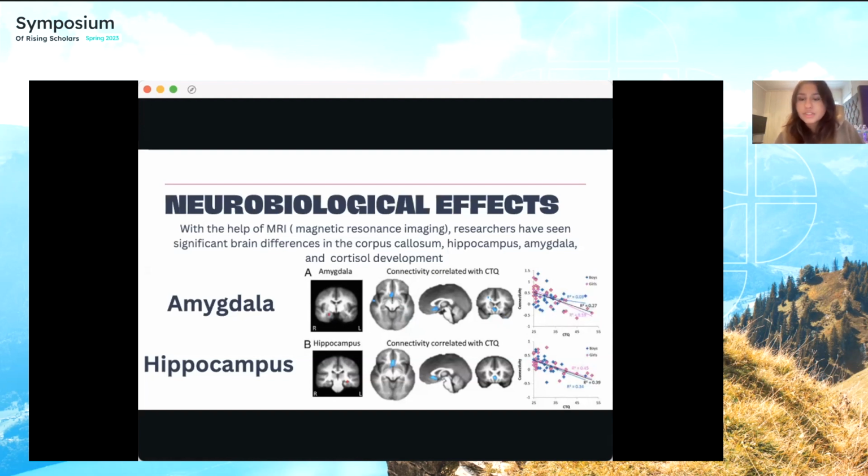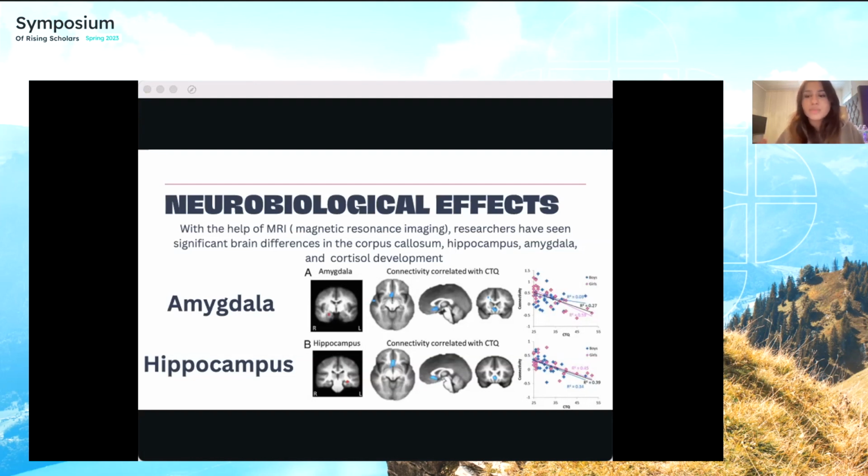And in the picture, you can see the right hemisphere and the left hemisphere, the connectivity correlated with CTQ. CTQ basically measures childhood trauma using 5 subscales: emotional, physical, sexual, emotional neglect, and physical neglect.